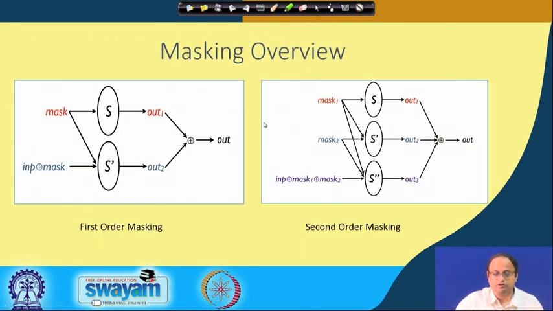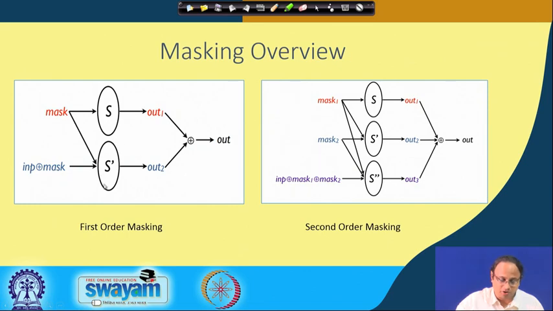So the overview on masking is as follows. We have an input mask, we are in first order masking, and we have two input shares. There are two parts which are processing, S and S dash. One part, S, processes the mask independently and gives you the output out1.